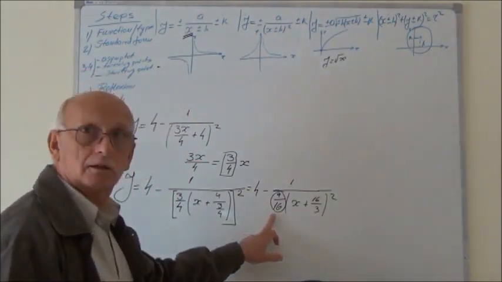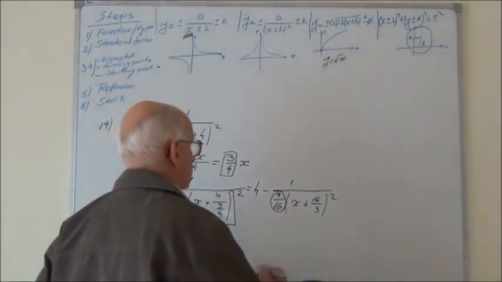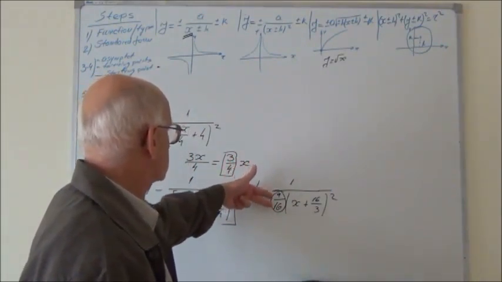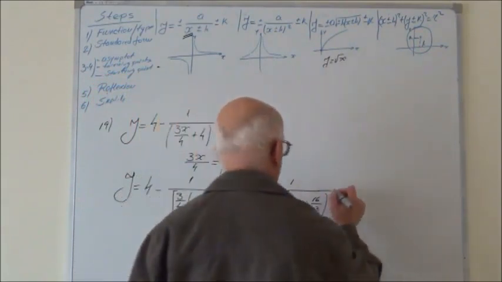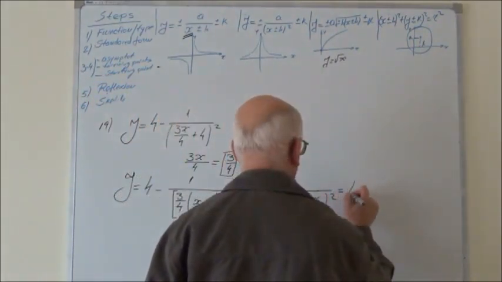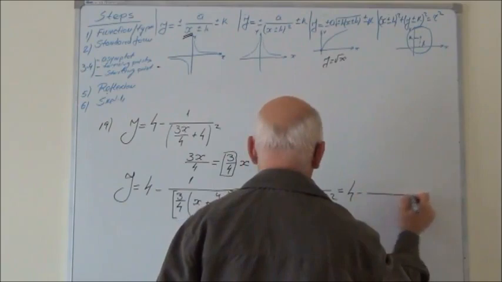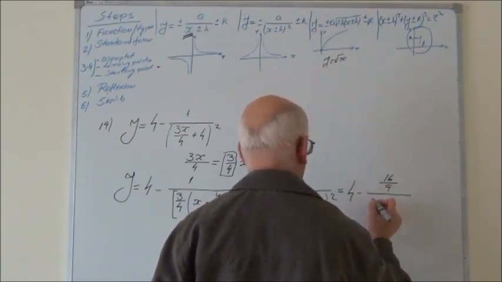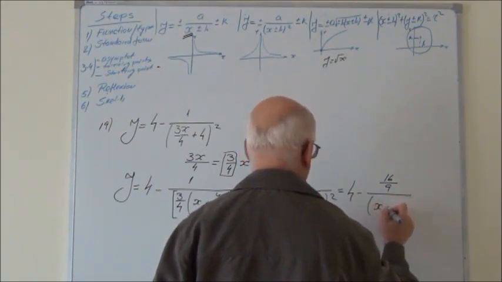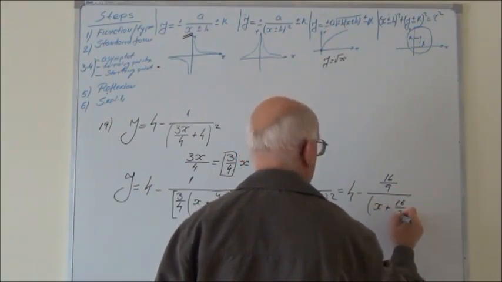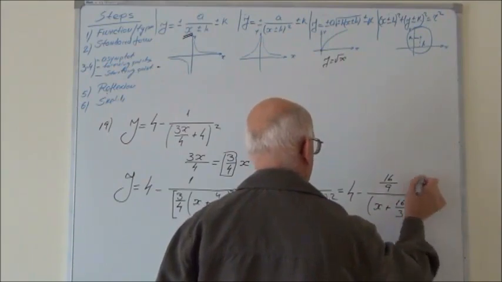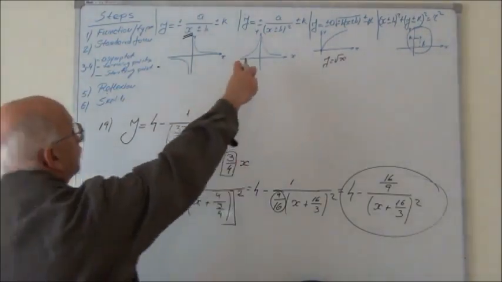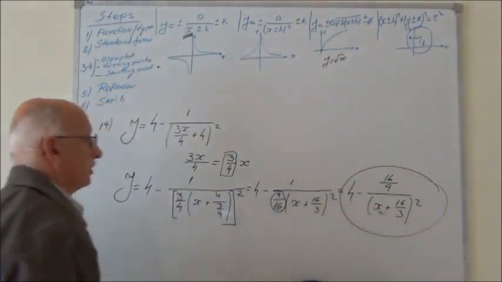If you don't like that to be here, simply, because you have 1 over 9 on 16, that is the reciprocal of 9 on 16, and it will be the final equation: 4 minus 16 on 9 over (x plus 16 on 3) to the power 2, and now we have standard form, exactly what we need.